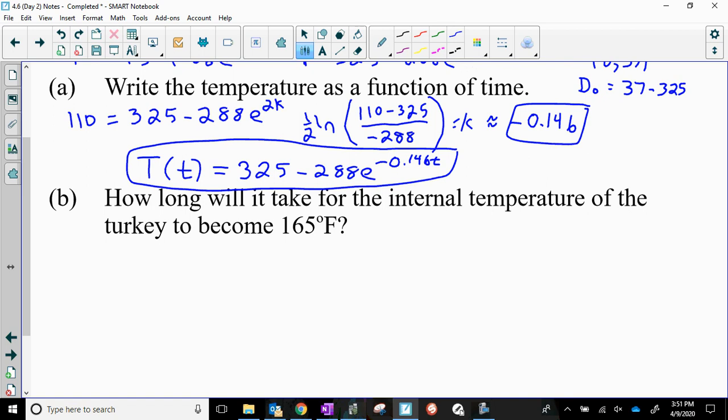The next question says, how long will it take for the internal temperature of the turkey to reach 165? The reason they want that is, so we know the temperature is 165, and we're looking for t.